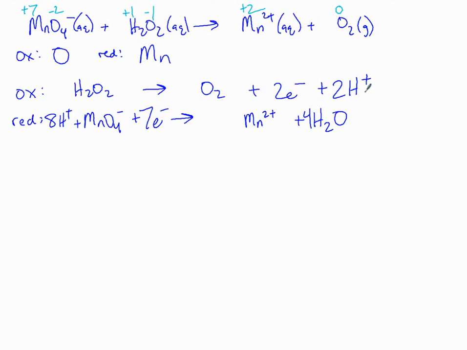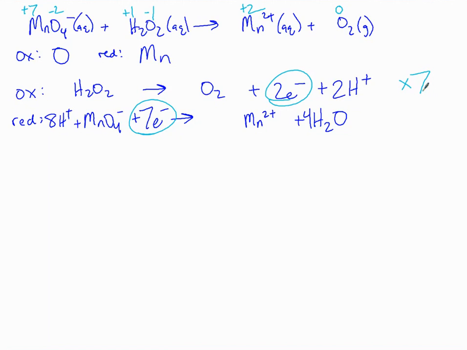All right, so step 4, make sure the electrons lost in oxidation is equal to the electrons gained in reduction. We're talking about this 2 and this 7, and they're definitely not equal. So the oxidation reaction, we're going to multiply everything by 7.